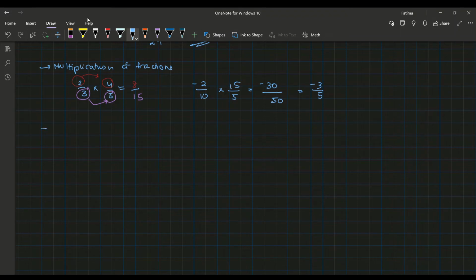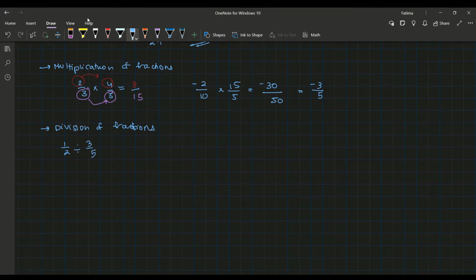Now moving on to division of fractions. So let's say we're given the example 1 by 2 divided by 3 by 5. To do division, what you should do is reciprocate the second fraction and then continue on with multiplication.